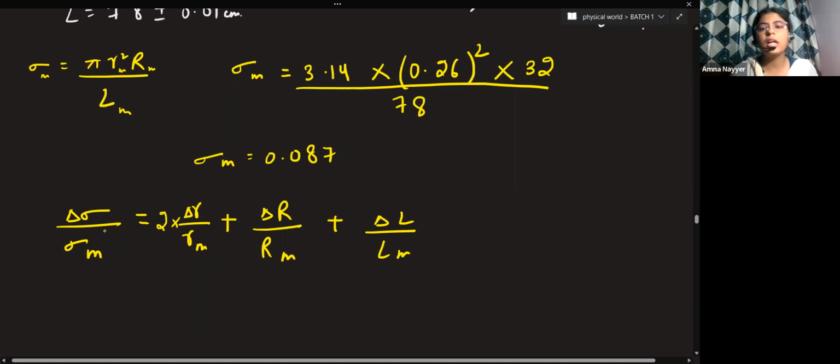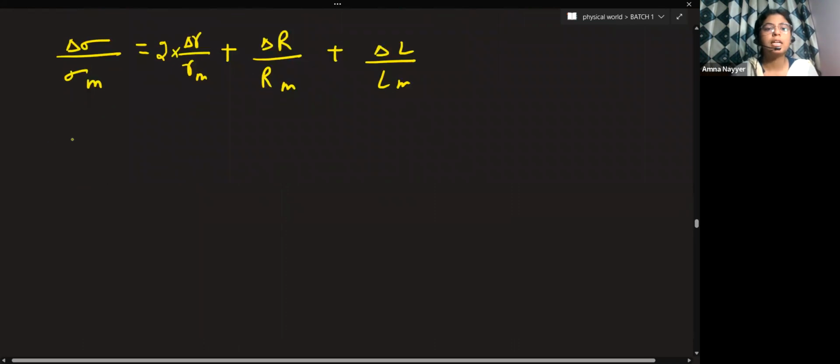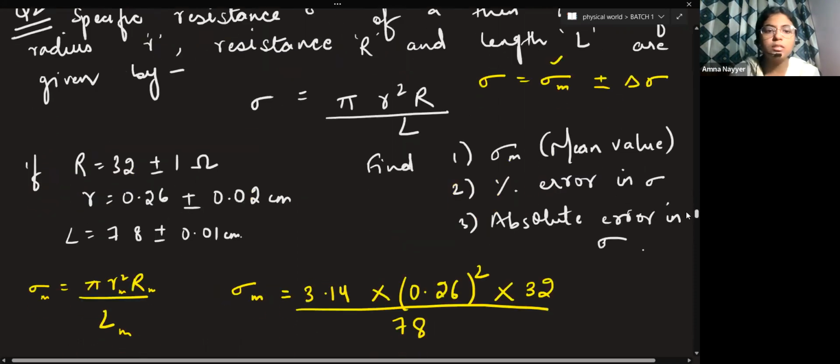Delta sigma is unknown and the rest of the things are known to us. Delta sigma m we have calculated in the previous portion when we calculated sigma m. It came out to be 0.087, somewhat this much. Multiplied by. Now, small r's value is given as Rm plus minus delta r.